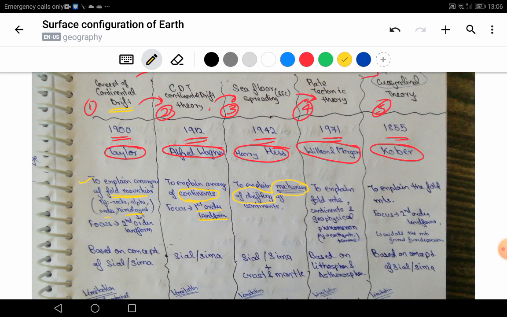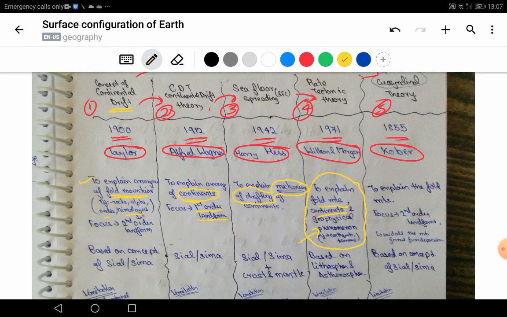Then came the plate tectonic theory. It explained everything, every geophysical phenomenon that is happening. Fold mountains and continents were explained, as were geophysical phenomena like earthquakes and tsunamis, meaning what is happening inside the earth which causes effects on the surface.